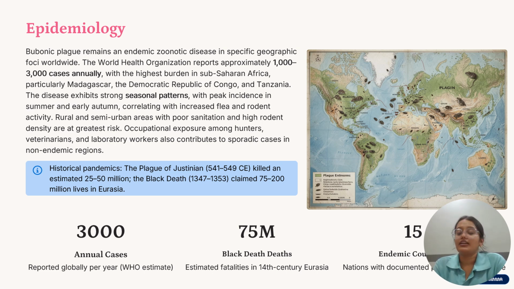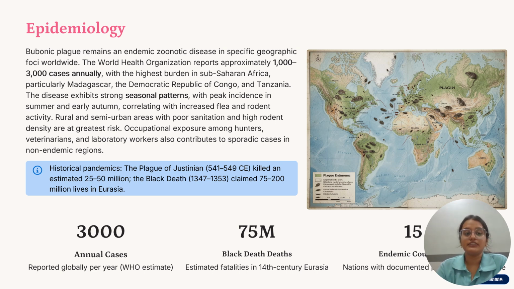Epidemiology. According to the WHO, there are 1,000 to 3,000 cases annually, with the highest burden in sub-Saharan African regions, particularly Madagascar, the Democratic Republic of Congo, and Tanzania. Seasonal pattern: the disease peaks in the summer and early autumn, correlating with increased flea and rodent activity, and is most common in rural and semi-urban places.